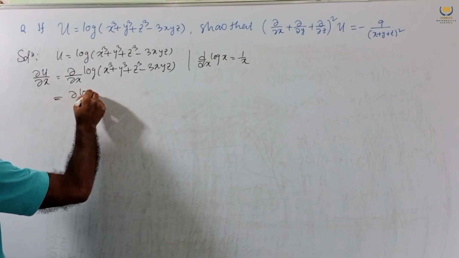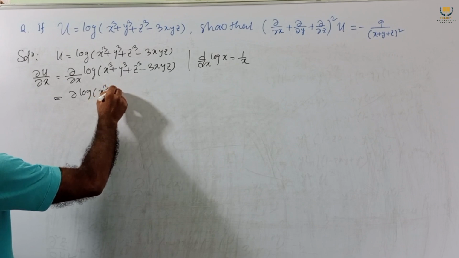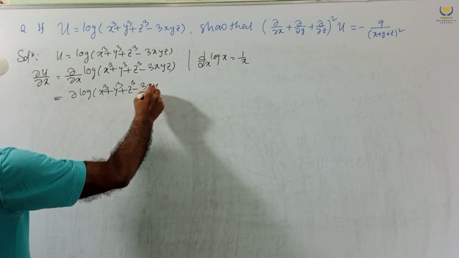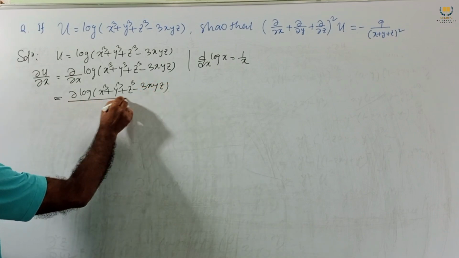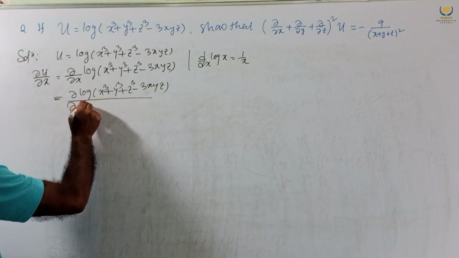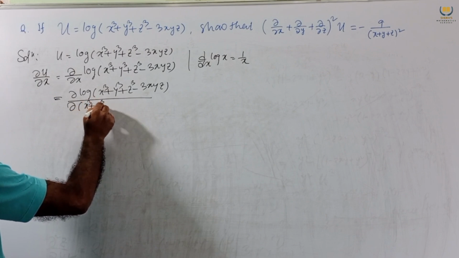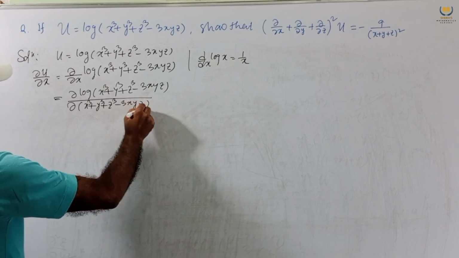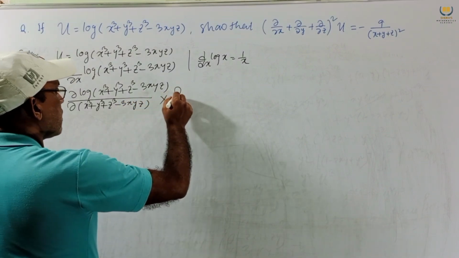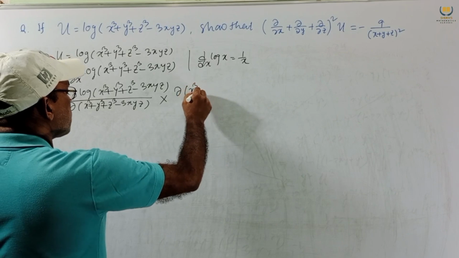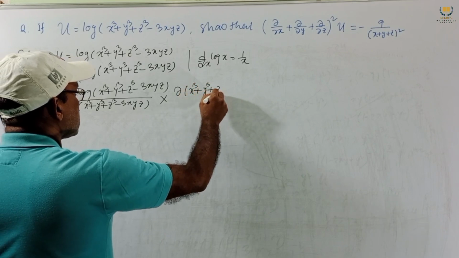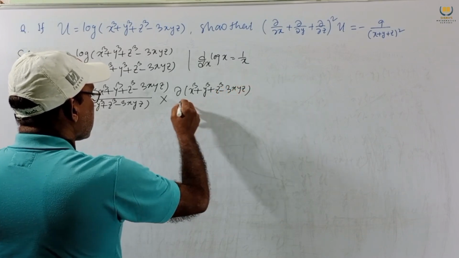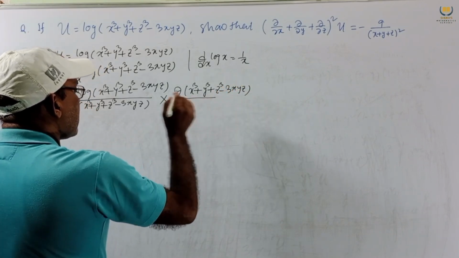∂/∂(x³ + y³ + z³ - 3xyz) of log(x³ + y³ + z³ - 3xyz) into ∂(x³ + y³ + z³ - 3xyz)/∂x.